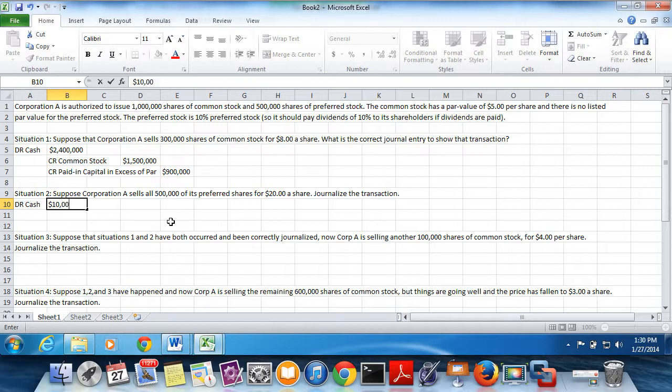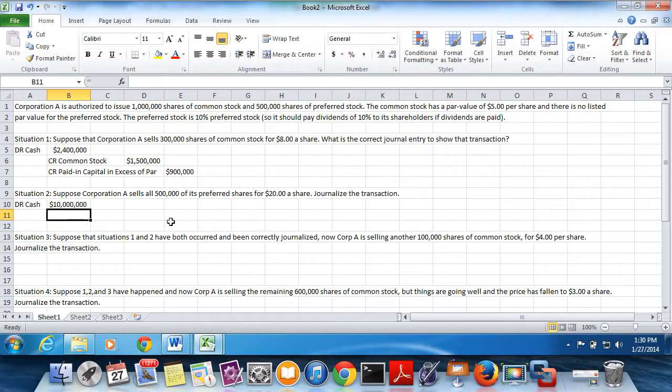So we get $10 million in cash, and then we're going to credit preferred stock for 10 million as well.